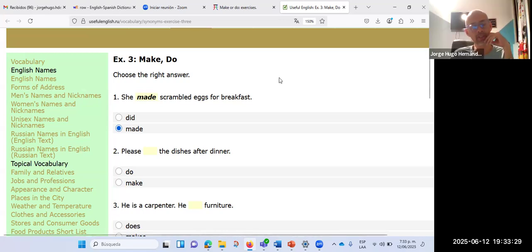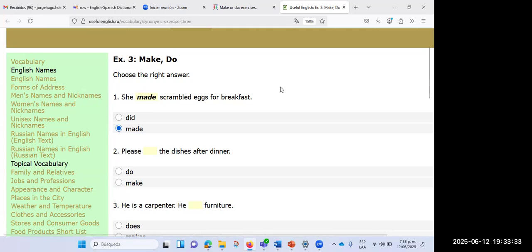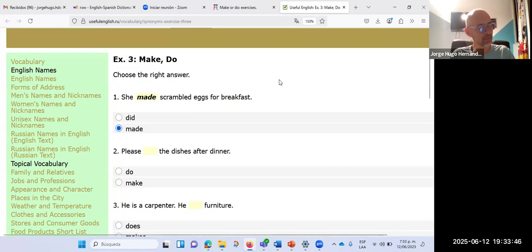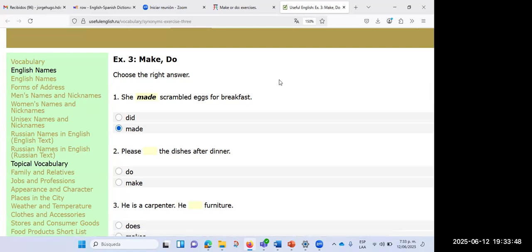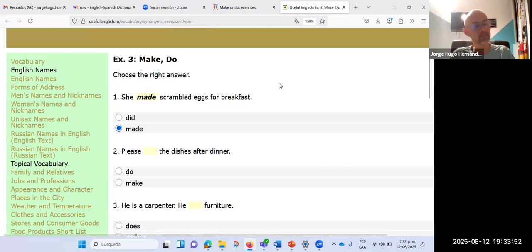What did you eat for breakfast today? Today I ate scrambled eggs and American coffee with arepa. Okay, do you like coffee? Yes, I love coffee. How many cups of coffee do you drink a day?